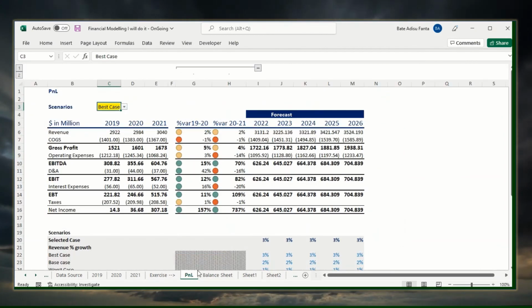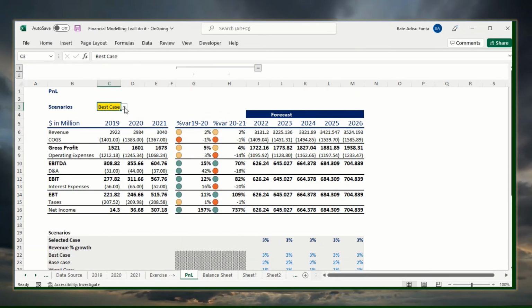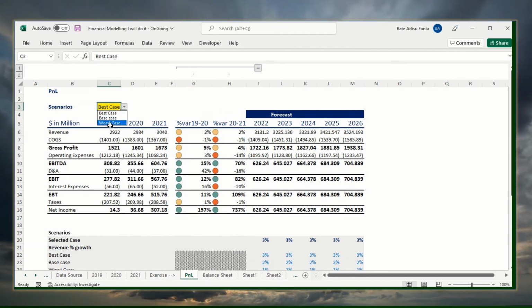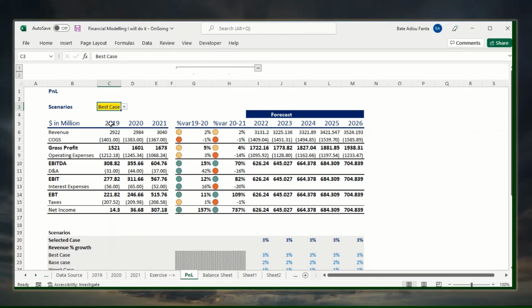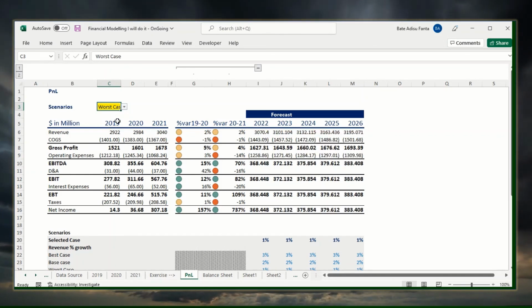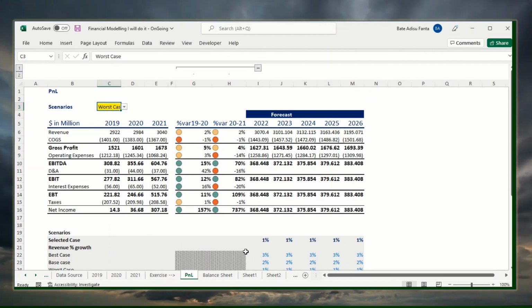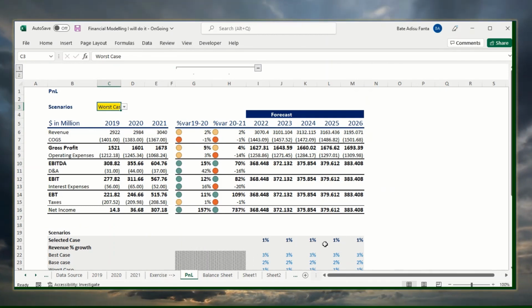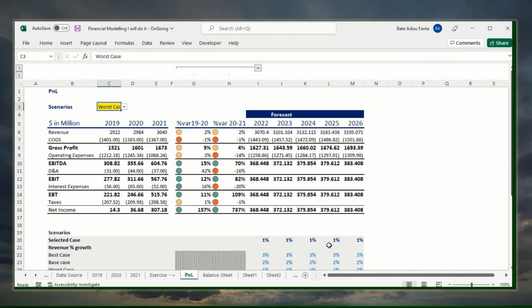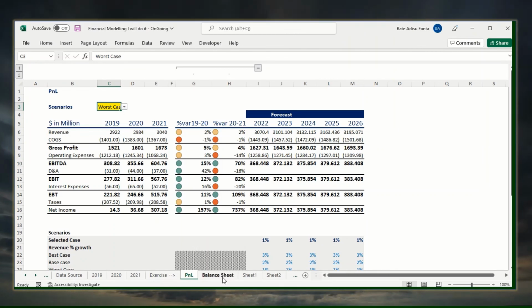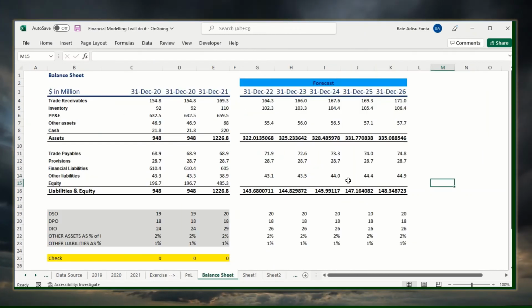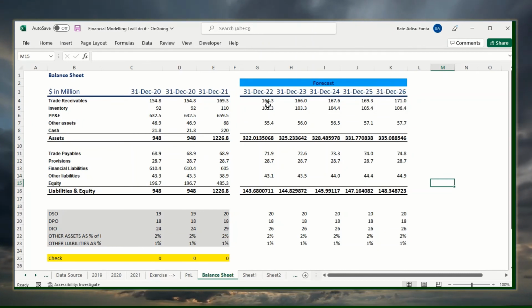Now I change the scenario to worst case in the income statement. Yes, it changed already here. The revenue will increase only by 1%. And how much will be the trade receivable? It was 167 million.